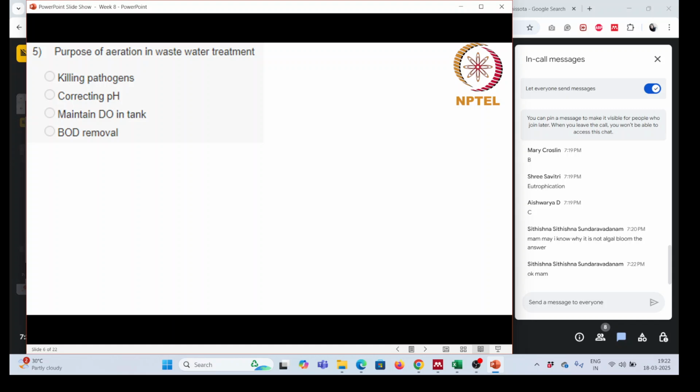Next question is, purpose of aeration in wastewater is? Why do we aerate wastewater?